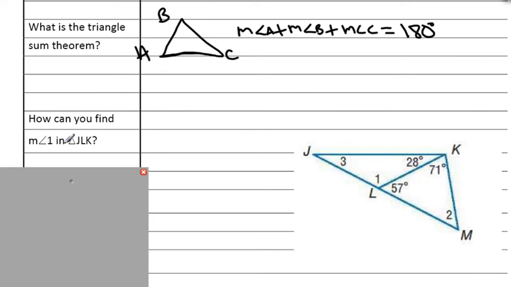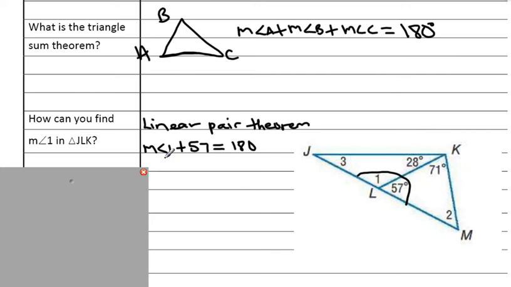And to find the measure of angle 1 in JLK, this is where linear pair is going to come in handy. Linear pair is two angles that have a sum of 180 degrees, and they form a straight line and they're adjacent to each other. This is from chapter 2. So to find the measure of angle 1 in triangle JLK, we have to use the linear pair theorem. The linear pair theorem says that the two angles together have a sum of 180 degrees.